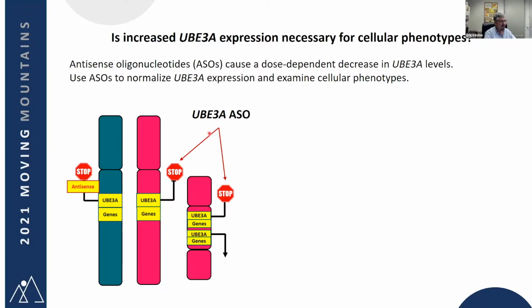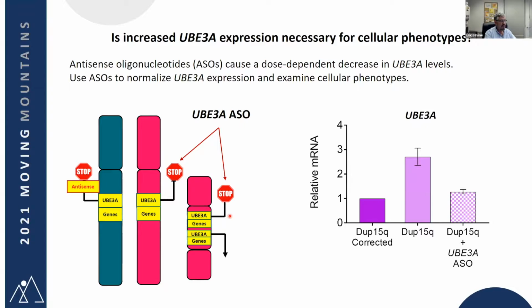It's important that it's dose-dependent because we're going to use the UBE3A ASO at a concentration where we basically reduce it down to normal levels of UBE3A expression. We don't want to block all UBE3A expression because then we'd really be creating a model of Angelman syndrome, which we know is going to have its own set of complications. So this is validation from some work done in Stormy's lab, showing the level of UBE3A in the Dup15q neurons and the corrected level when we remove the entire isodicentric chromosome.